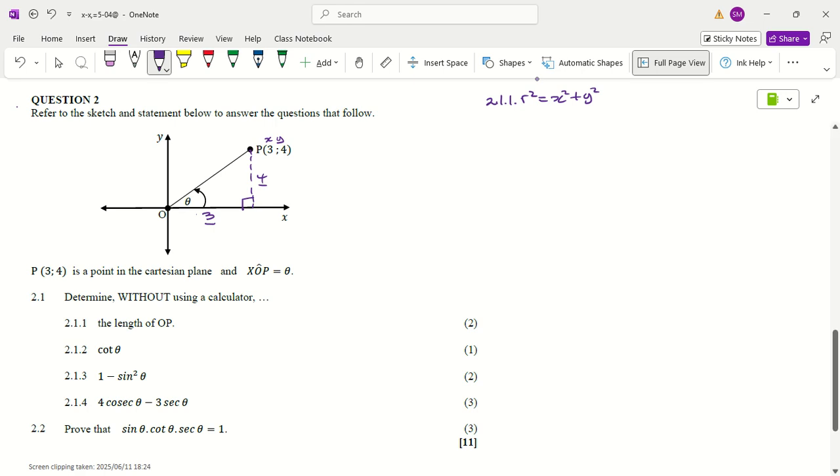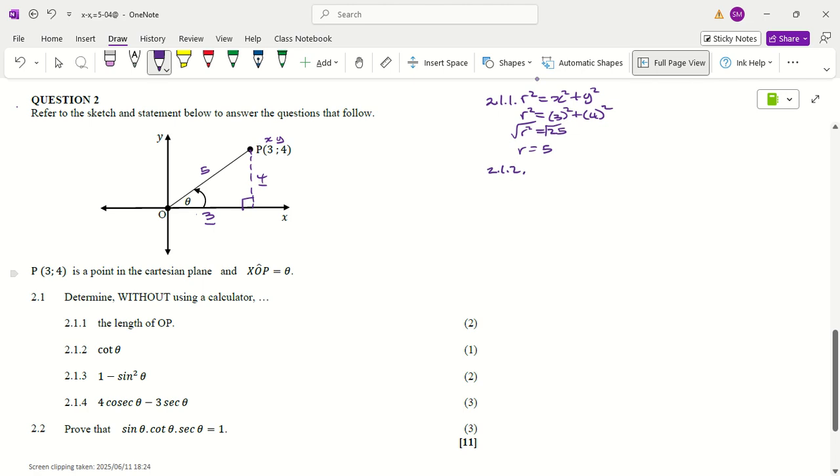R squared is the variable we're looking for, so it is equal to 3 squared plus 4 squared, and together they make 25. Then R squared is 25, but we can root both sides, and then R is equal to 5, so we have a 5 over there.